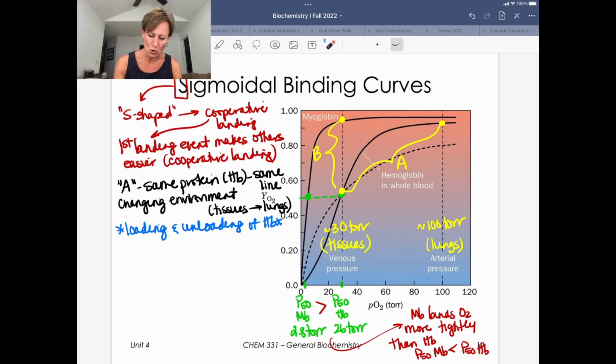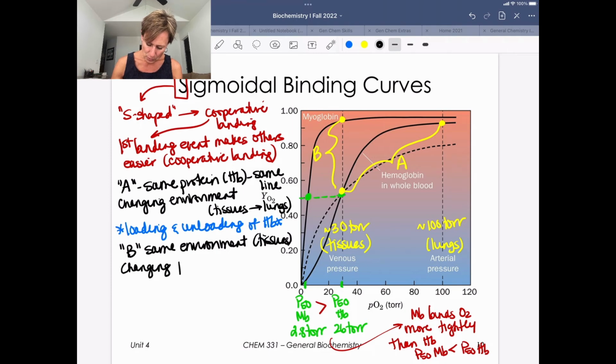And that gets to what we see with this B domain. So this B domain represents the same environment. We're staying in the tissues, but now we have a change in protein. We're talking about what happens when we change that oxygen going from hemoglobin to myoglobin.